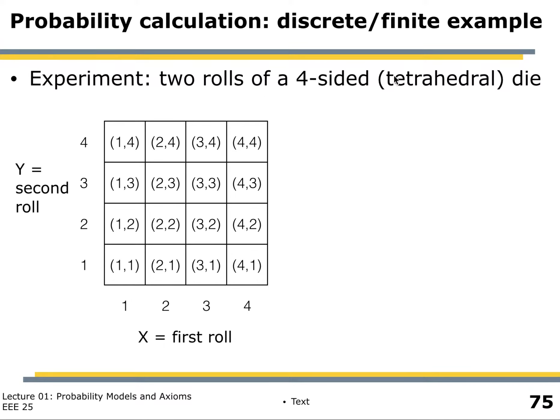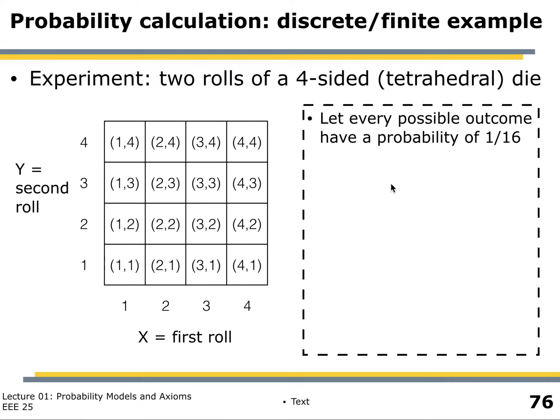And assuming that we have a fair die, so it's not a loaded die or a biased die, we can assume that every possible outcome has an equally likely chance of occurring, and since there are 16 possible outcomes, each outcome would have a probability of 1 over 16. So this is our probability model right here, and now we can ask questions.